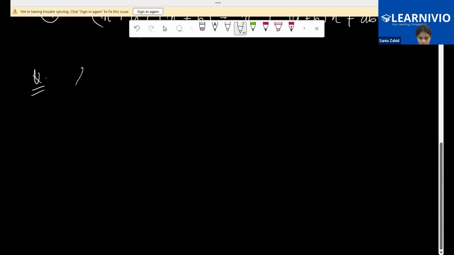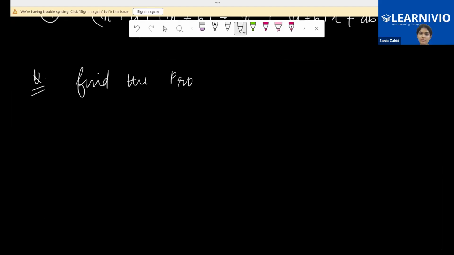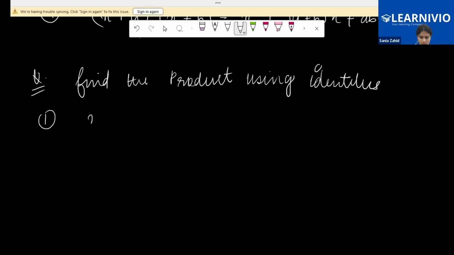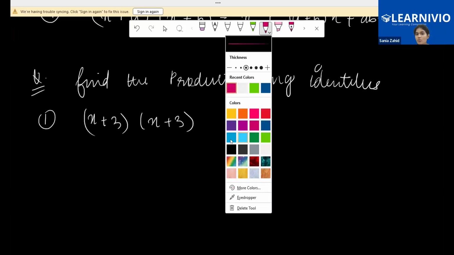This says find the product using identities. The first one says x plus 3 into x plus 3. Now children, you have to find the product, but you have to find it using the identities.